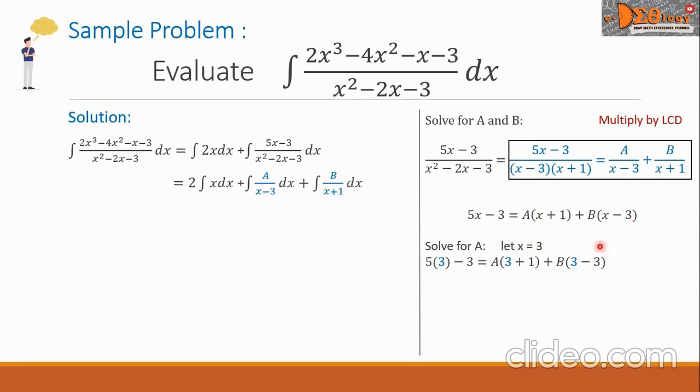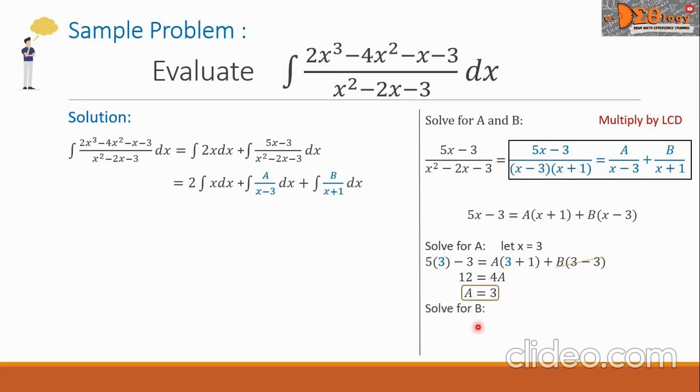Now look at this part. The 3 minus 3 will give 0, and 0 multiplied by B becomes 0. Simplifying this equation, the left side becomes 12 equals 4A. Solving for A, let us divide this equation by the coefficient of A, which is 4. So the value of A equals 3.